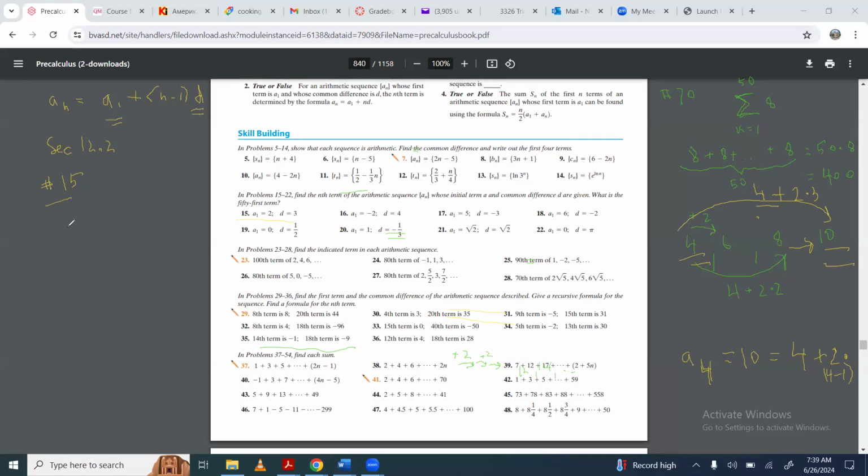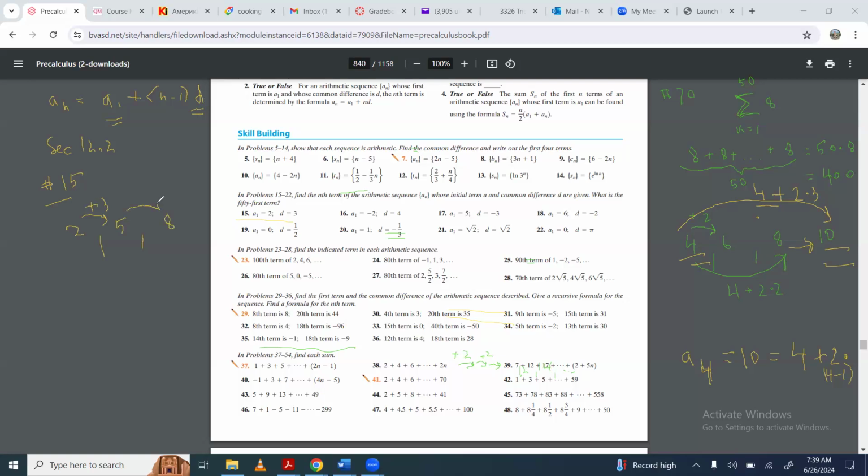So my first term will be 2. To get the next term, I need to move by 3. So I will add 3 to 2, I get 5, right? And I add another 3, so I get 8.